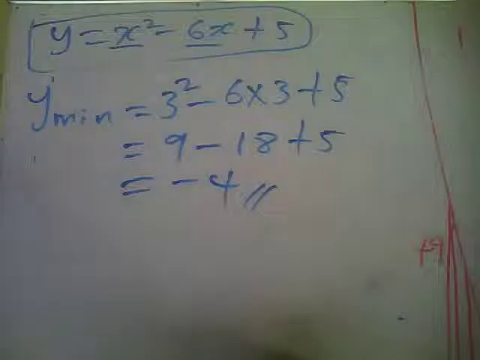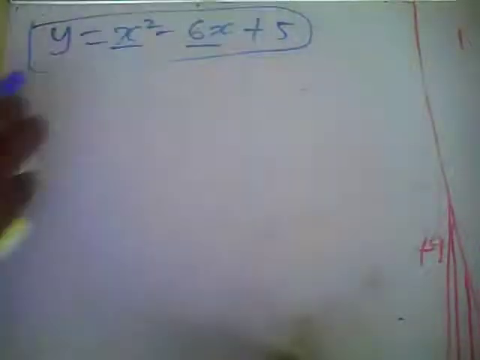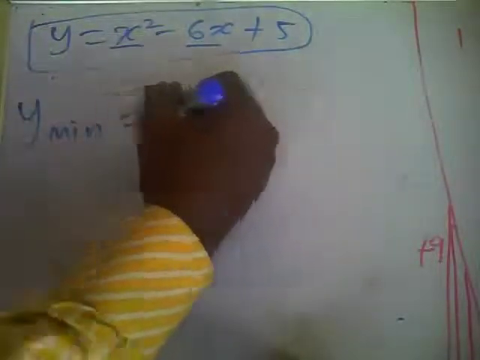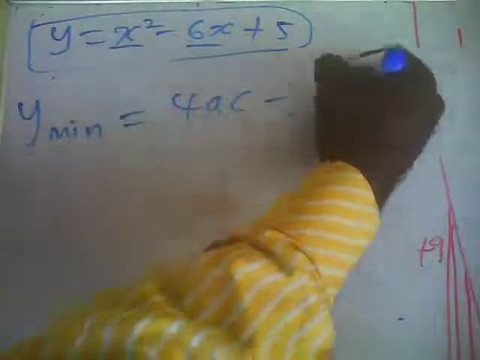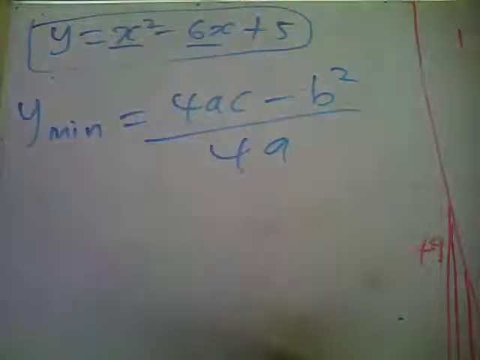Alternatively, since it's a quadratic function, we can say y minimum, although it also holds for maximum, is equal to (4ac minus b squared) over 4a. So this satisfies the conditions for finding y minimum or y maximum.